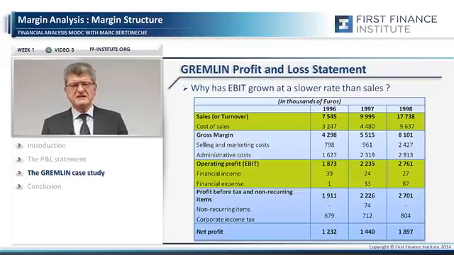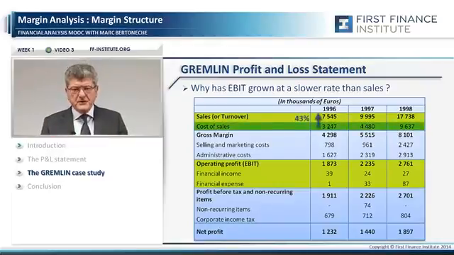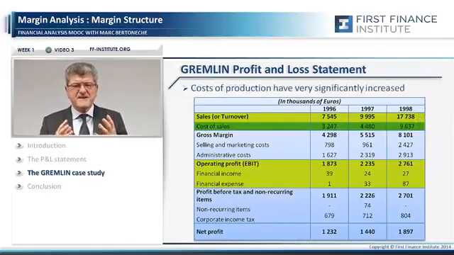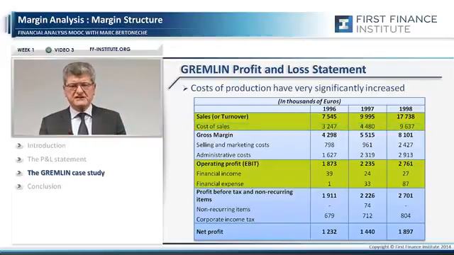We have to investigate. First, cost of sales, which represented 43% of sales in 1996, now represents 54% of sales. The cost of producing what we are selling has very significantly increased. Video games are becoming more and more sophisticated.